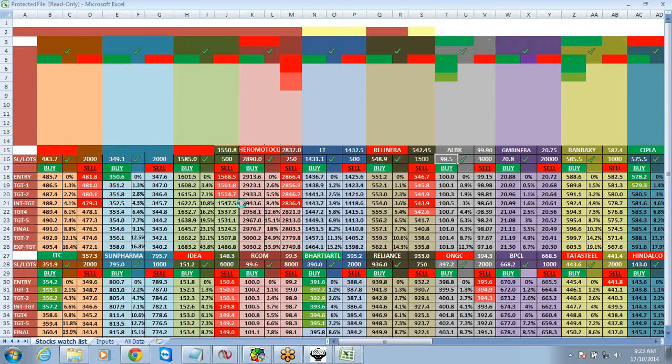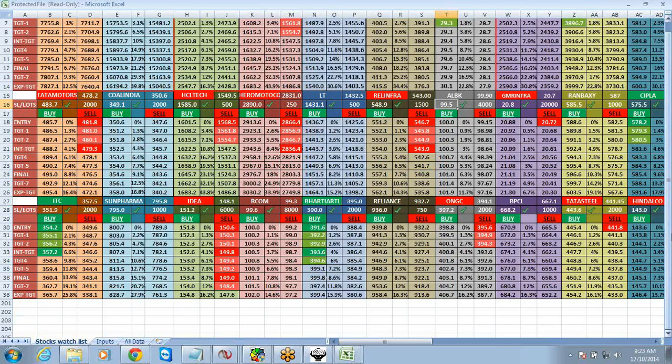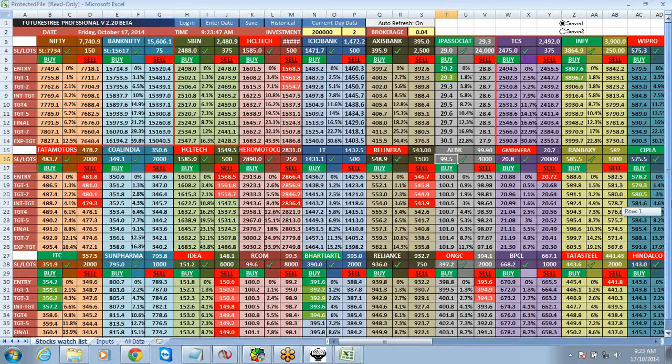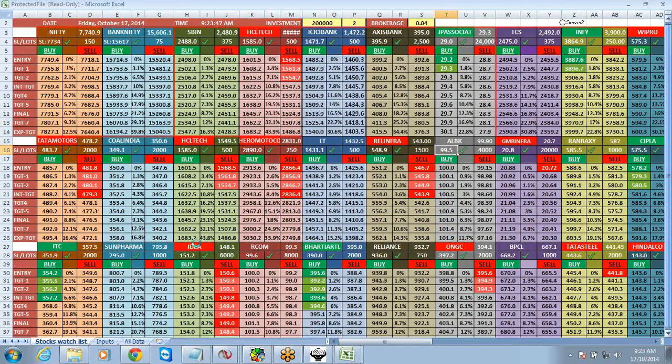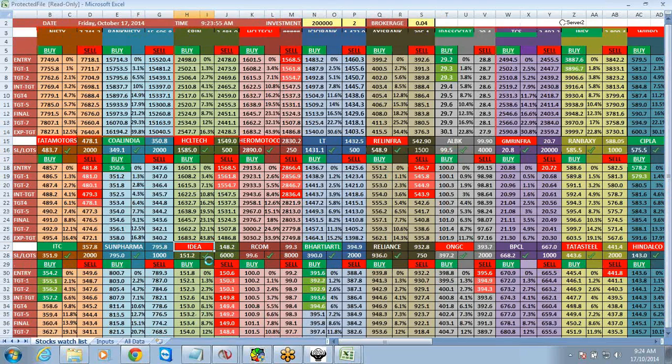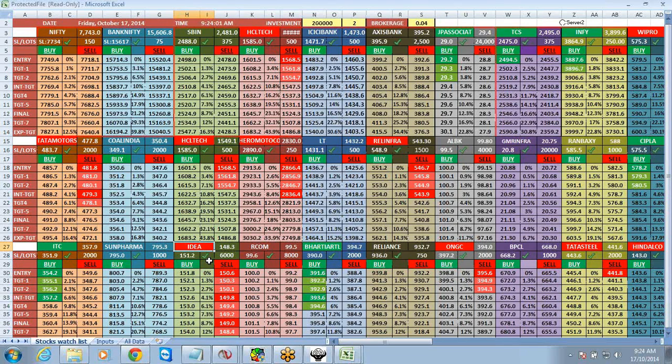Here we have a gap down, so we will not be trading on that. We'll ignore that and take another script. Let me try Arvind Pharma here.